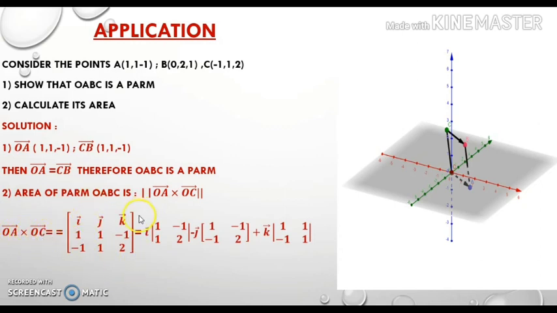Put them in the form of a matrix. And by calculation we get that OA cross OC is equal to 4i - j + 2k. Now let's find the norm of this vector. We get that the norm of OA cross OC is equal to radical 21. Then the area is equal to radical 21.